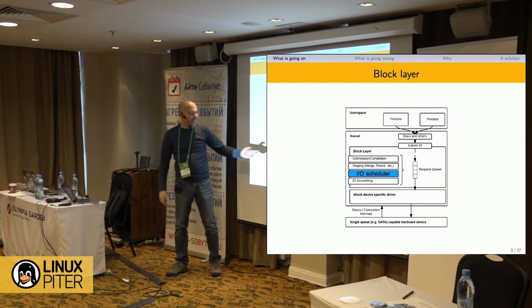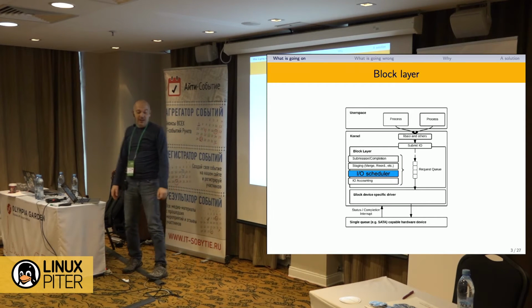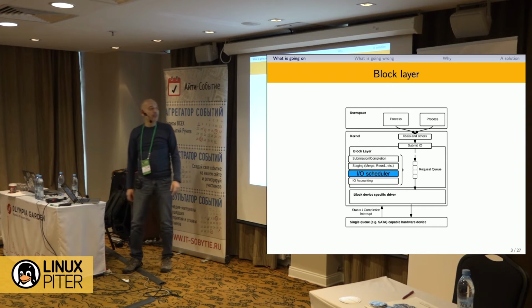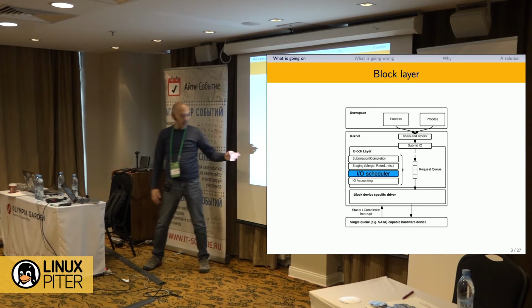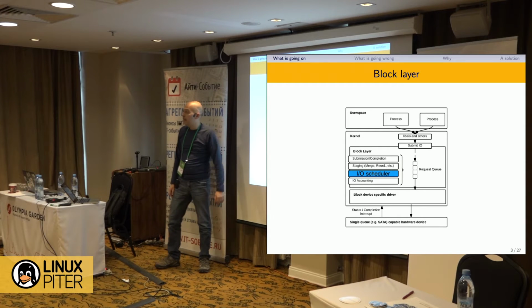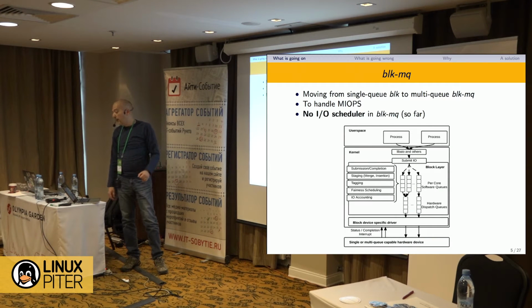But now this is not true anymore, because the new very fast devices that all of you know have really changed the game. So BLK cannot keep up anymore with the speed of modern high-end devices.